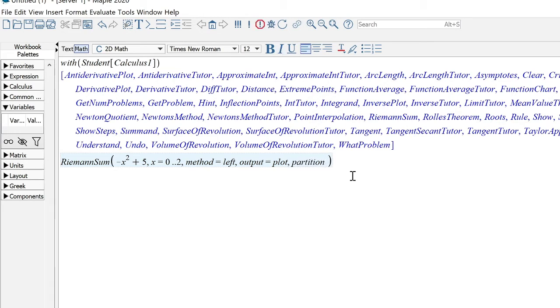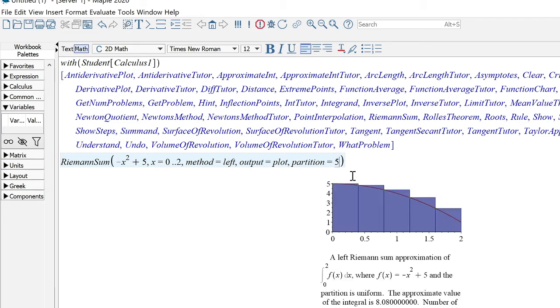Partition equals 5. We have 5 of them. Okay, so I press enter and I get a much better picture than what I had before. So this is the left Riemann sum of what I had drawn on my paper.